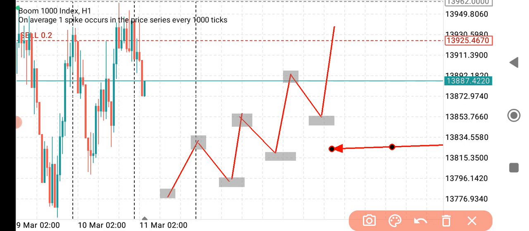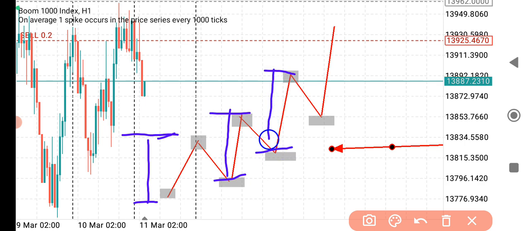That is how we identify our range. So what am I trying to say in essence? From here to here is our first range. From here to here is another range. From here to here is another range. From here to here is another range. So our fib is range to range.